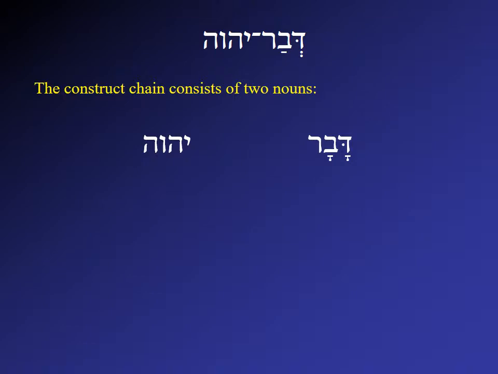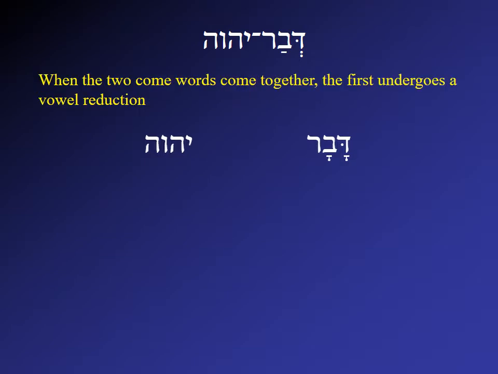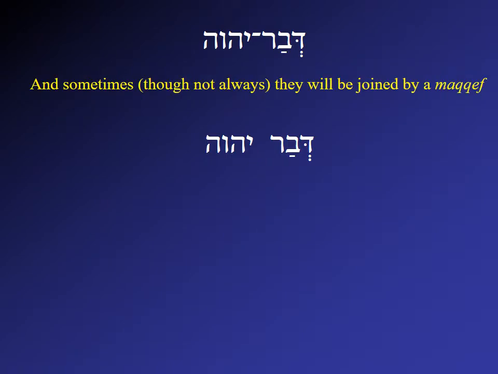So davar, word, and Adonai, the Lord, come together into a construct chain. And an important element here is that the first word undergoes a vowel change. So davar becomes dvar. Here you see the shva under the dalet and the pasach under the vet.